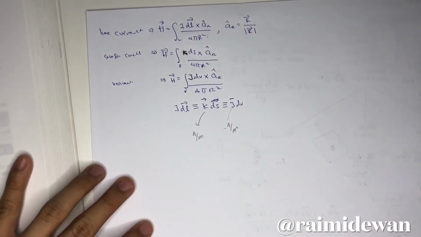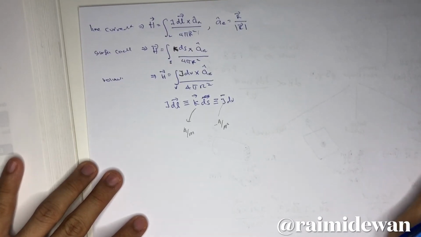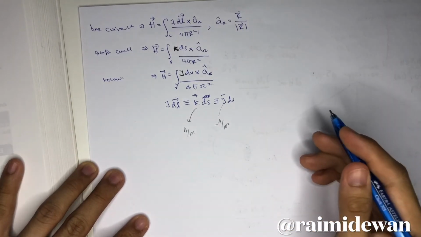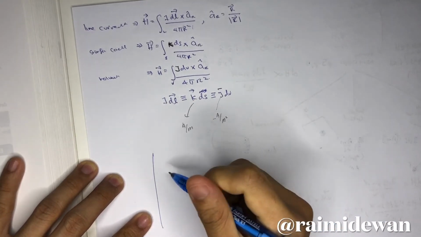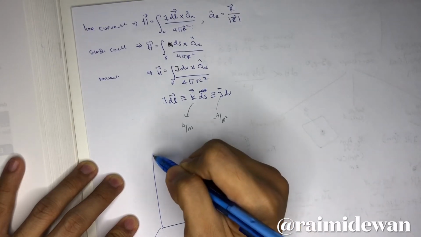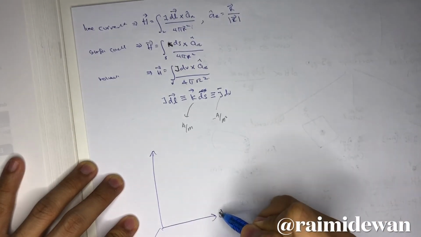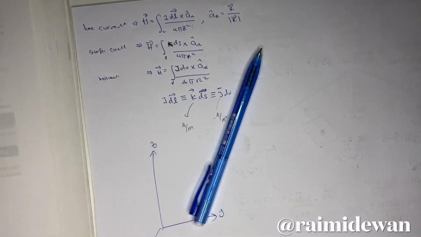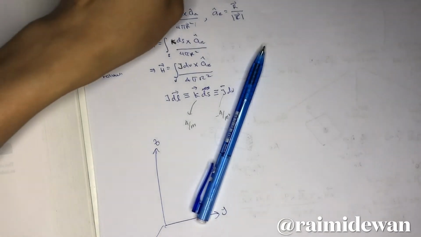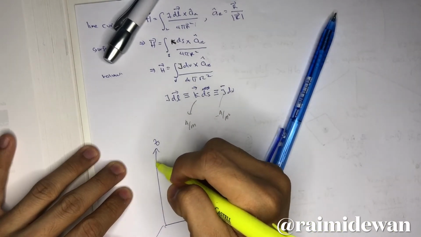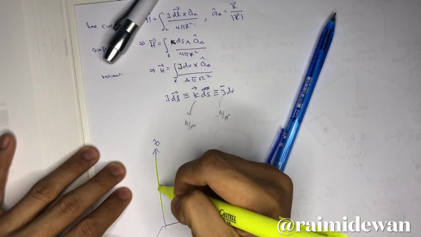We may take some time to do this derivation because I didn't do it last time, but you have watched the video, right? So let's say we have axes, you take this x, y and z, then you have a line current, for example here, I just put in yellow color.